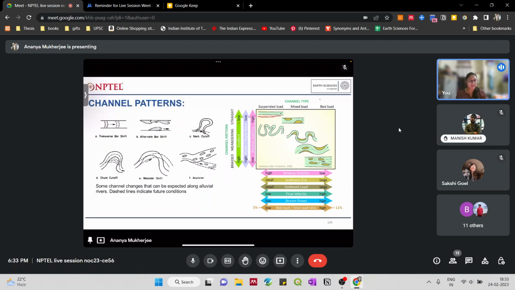As and when the gradient increases, or there is a change in the width and depth ratio or in the stability of the channel, you will see that it turns into a meandering stream.